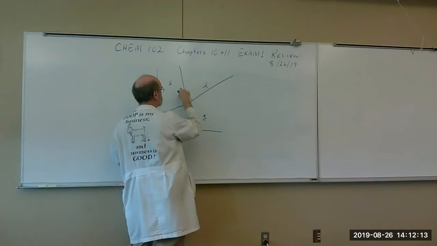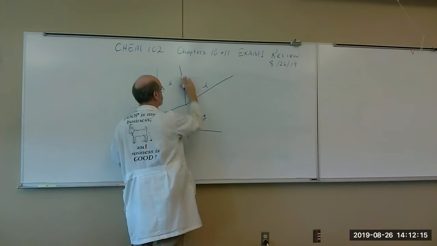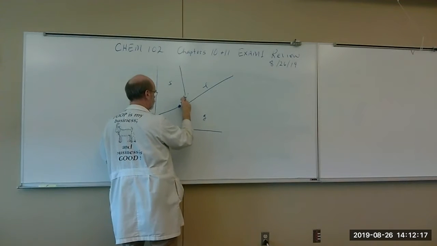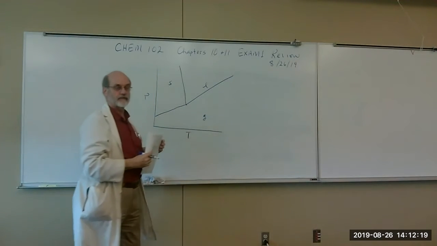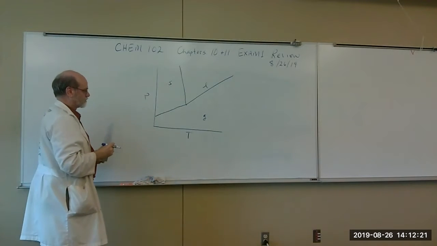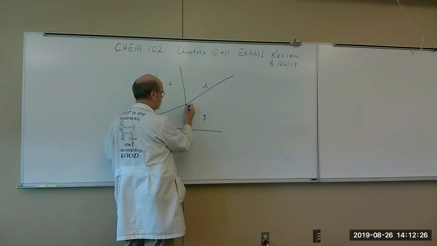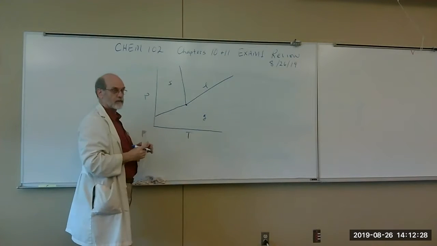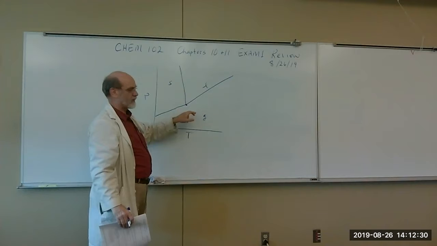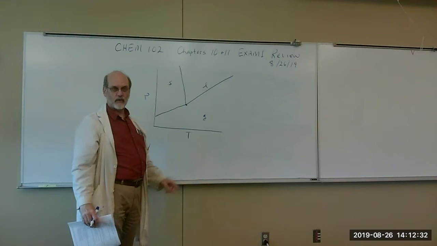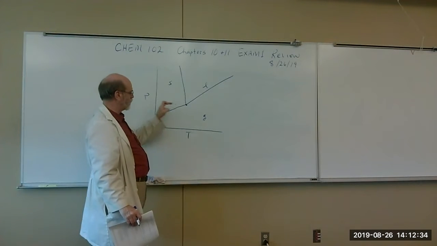And for this line, you have solid and liquid at the same time for those different pressure and temperature combinations. Then there's some points. At this point, which is the triple point, you have solid, liquid, and gas all at the same time. And that only happens at one combination of pressure and temperature.